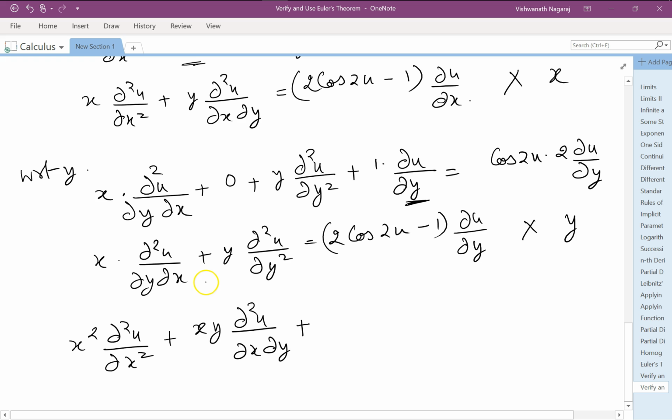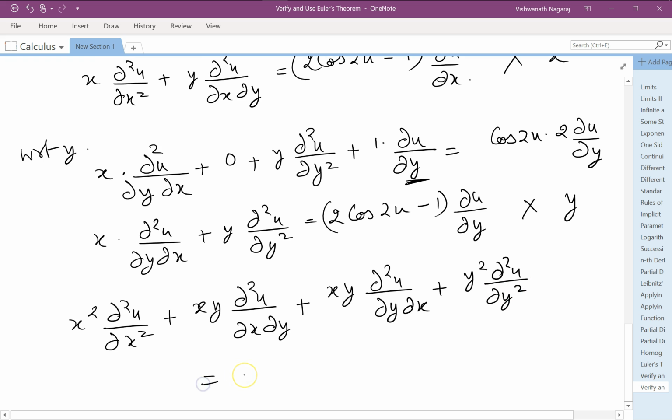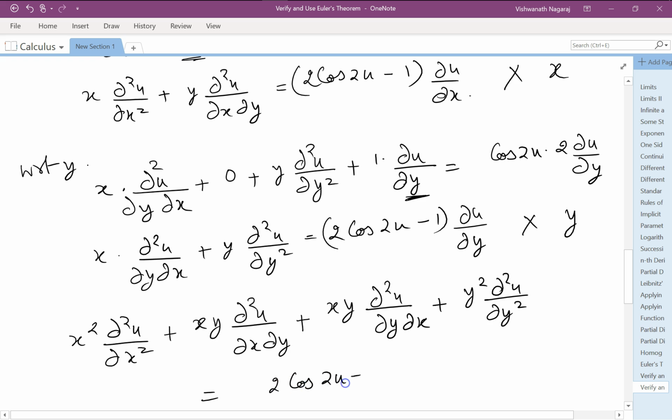Let's add the left hand side of the other one after multiplying it with y. So this becomes xy dou square u by dou y dou x plus y square dou square u by dou y square is equal to, now the right hand side, 2 cos 2u minus 1 x dou u by dou x plus y times 2 cos 2u minus 1 dou u by dou y.